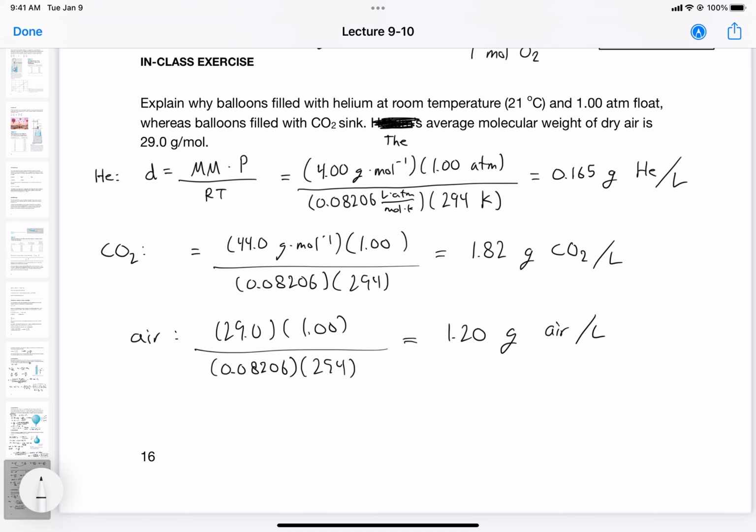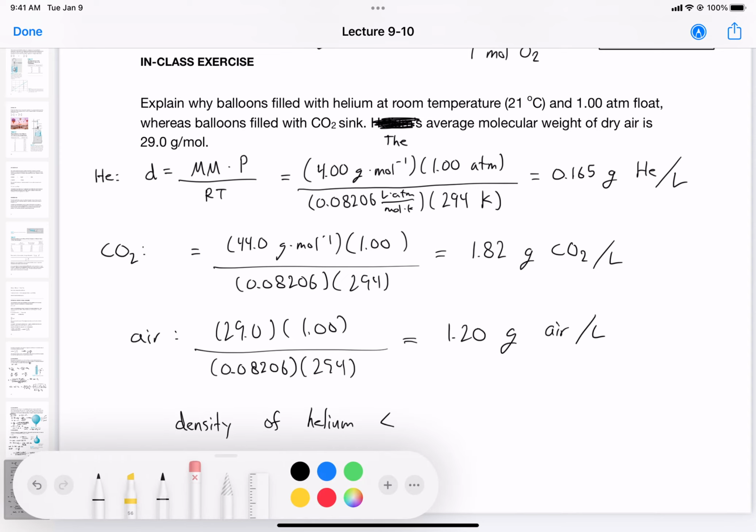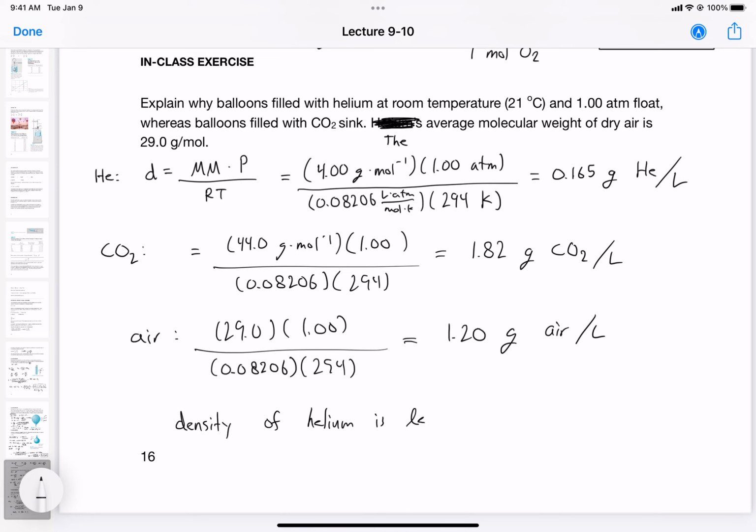So you see here, we say the density of helium, let's write in words, let's not use symbols, is less than the density of air. So it floats.